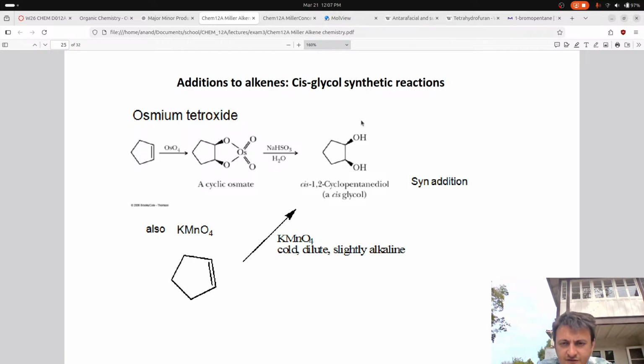And what that's going to give us is a cis diol. Okay, so it's a syn addition. So a cis diol. So we're going to get OH and OH.